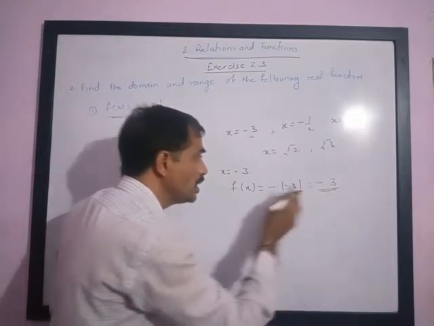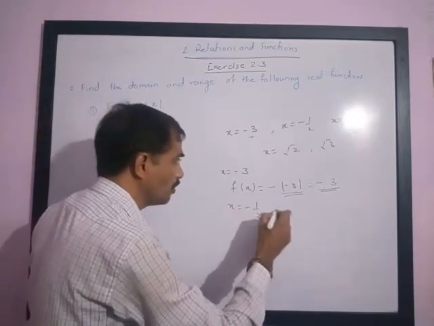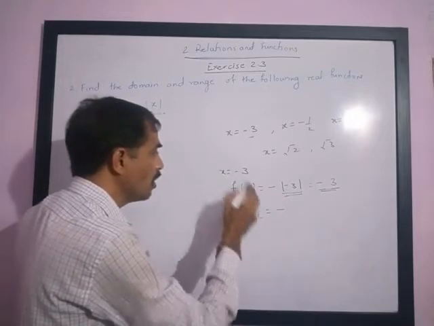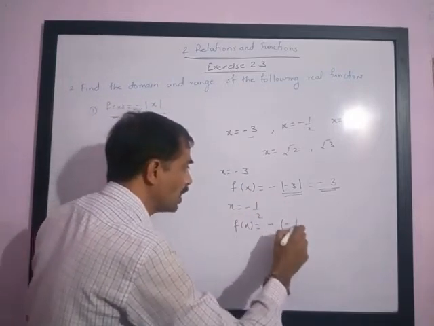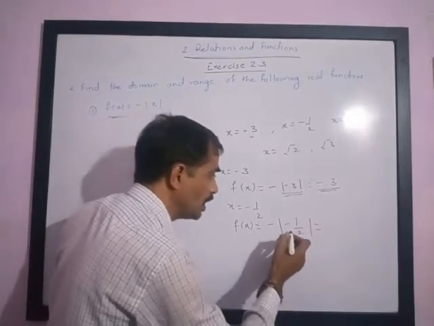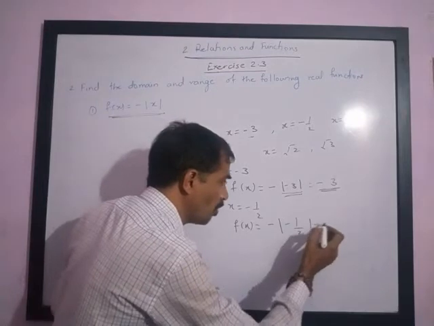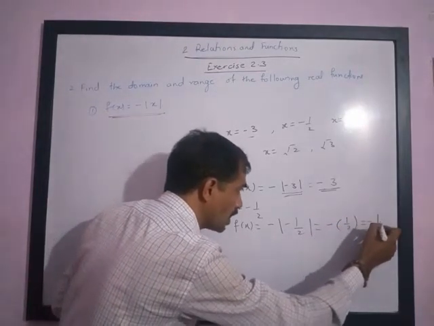Please note, this is equal to negative 3. Then if x is equal to negative half, we will get f of x is equal to minus of absolute minus half. The mod of minus half becomes positive half, so we get minus half.